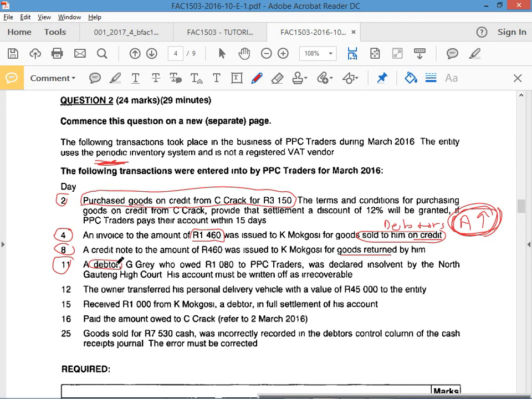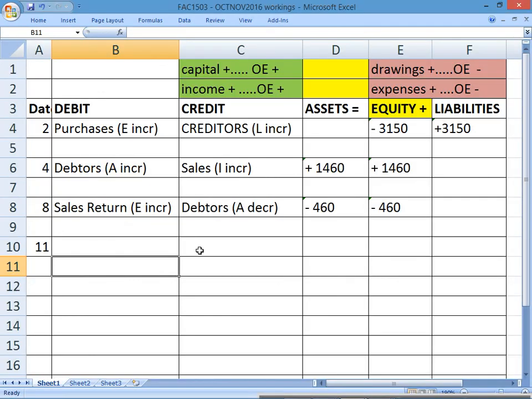So what are you going to do to the debtor's account? Increase or decrease? You're going to decrease. Debtors is an asset that's decreasing because you're writing it off. If you're writing it off, they're not going to pay. Does that make sense? Right, so debtors don't pay. There it is. Debtors, asset, decrease.